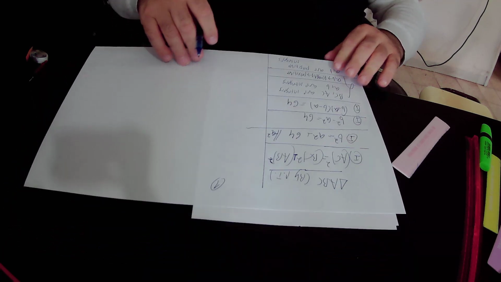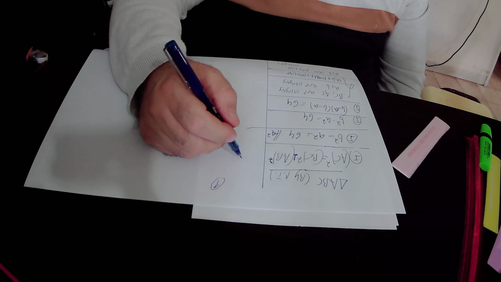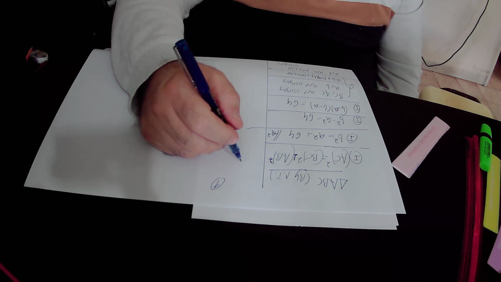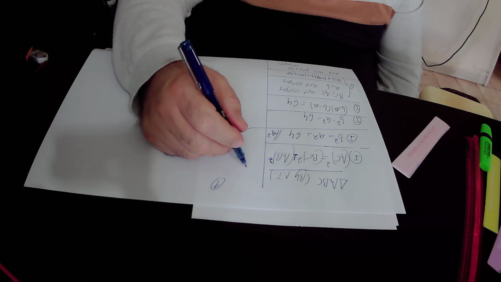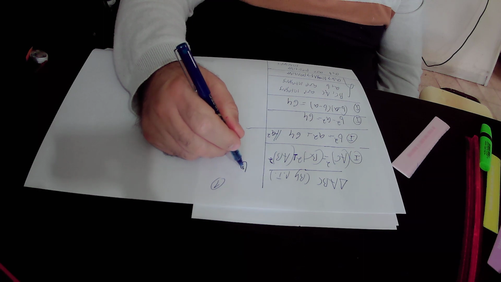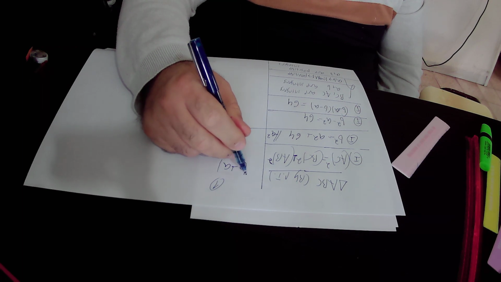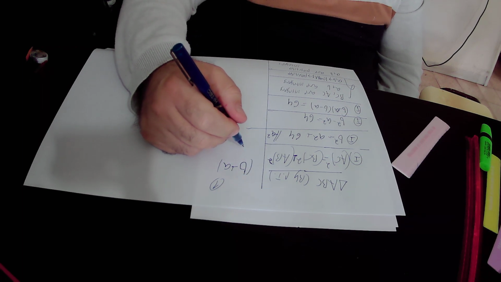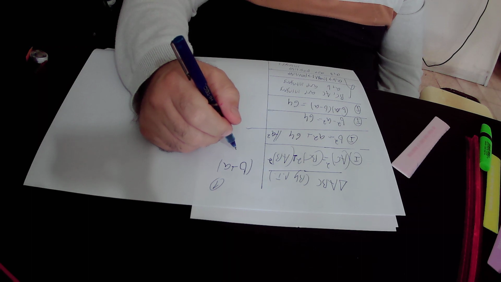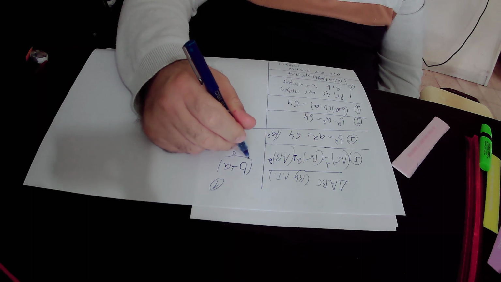So A is a positive integer and B is a positive integer, so B plus A, when you add two positive integers to each other, the result must be a positive integer.